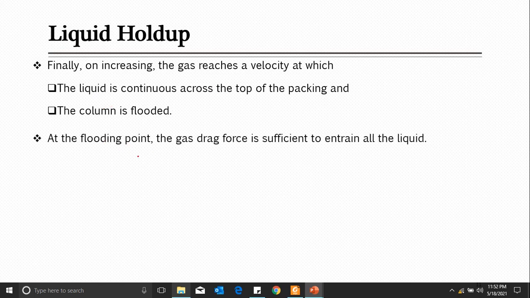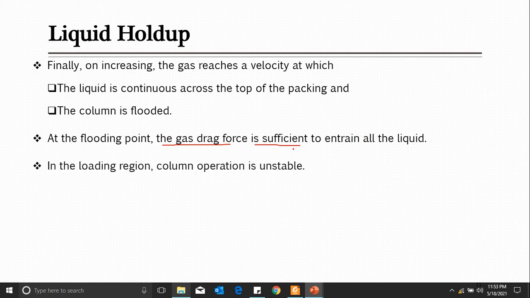The flooding point is that point at which the gas drag force is sufficient to entrain all the liquid in the upper part of the column, and it will not be flowing down the column. So there is no more interaction between vapor and liquid, and no good separation at that point.